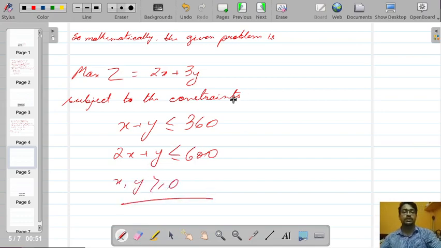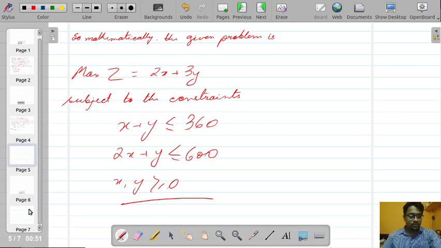This is the mathematical formulation of the given LPP. I hope it's clear.